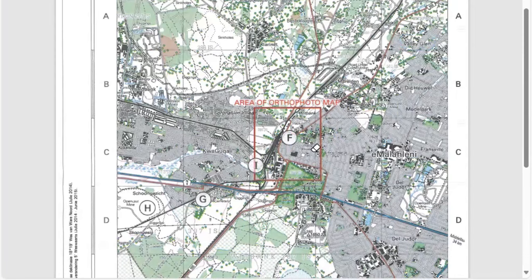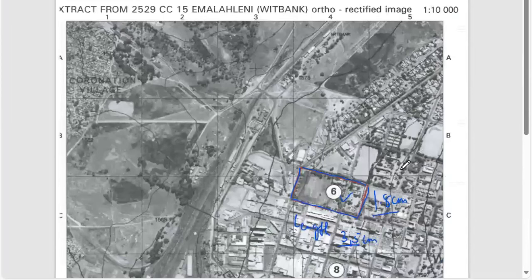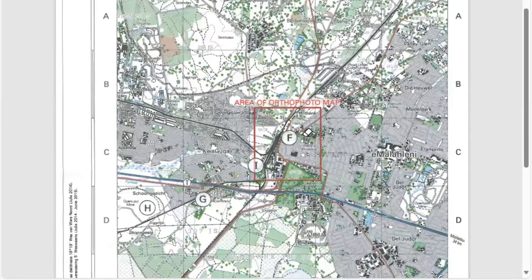Area 6 on the orthophoto map is almost at the extreme northeast corner of our map. And if we see clearly, there is an indication that there are some schools there.